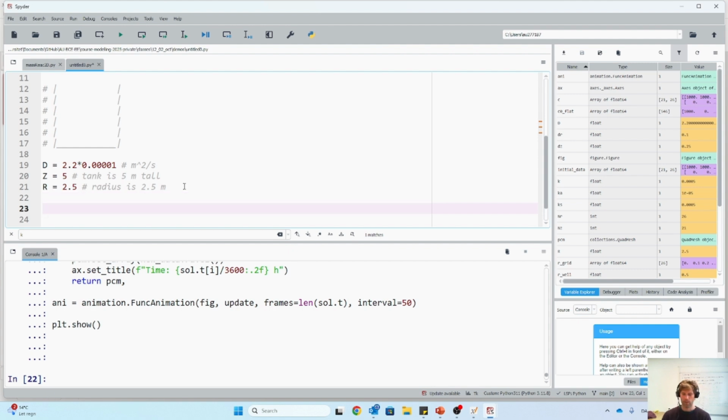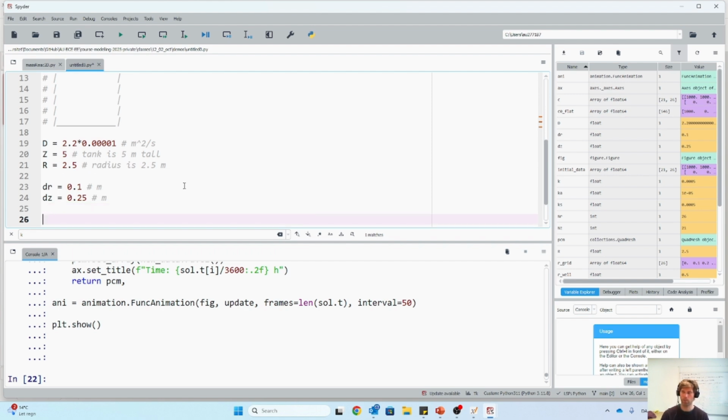Because we have two dimensions now, we need to define space step sizes in the radial dimension, and we set this to 0.1 meter, and in the z dimension, 0.25. We will then make grids for both the z and r dimensions.